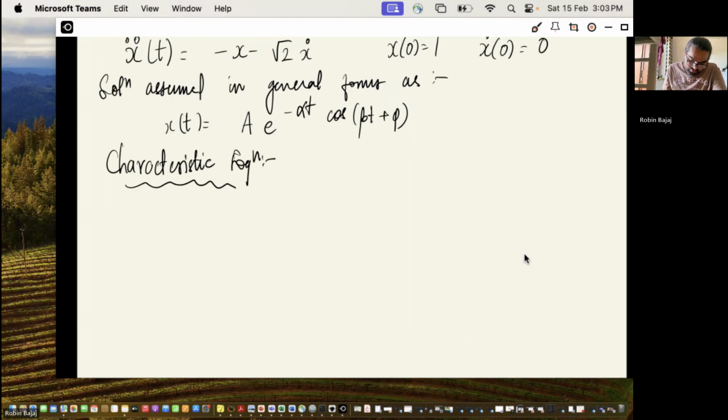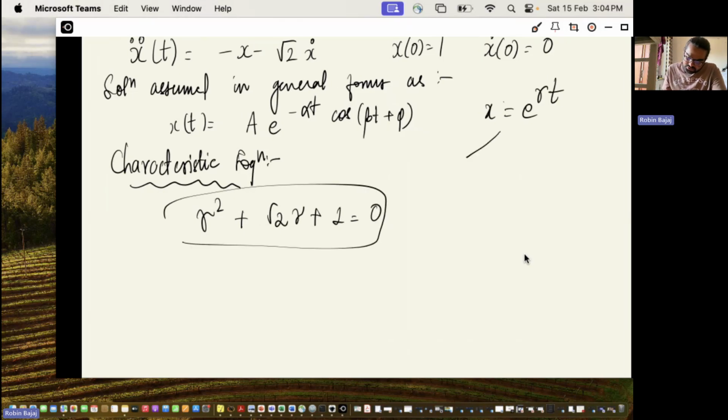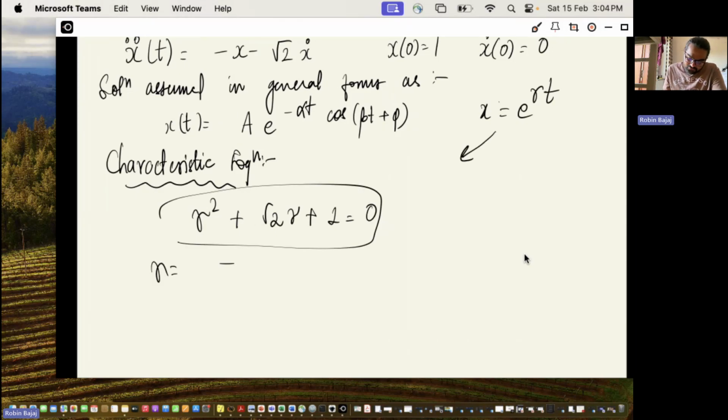as r square. You assume it to be e to the power rt, let's say. So this is how it will be. So that would be our characteristic equation. Now this can have real plus complex parts like this.